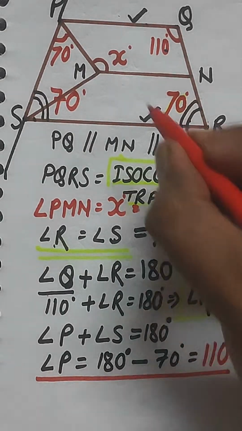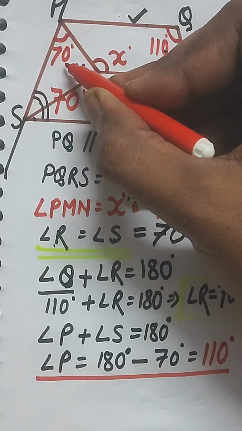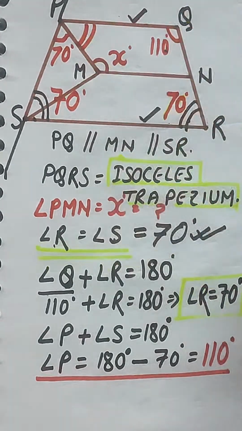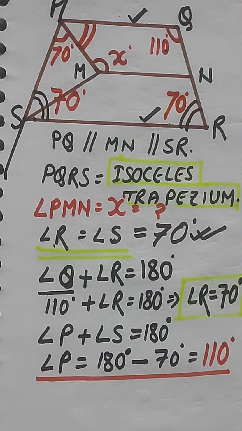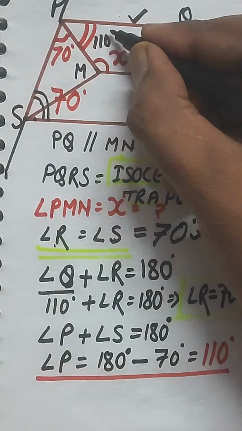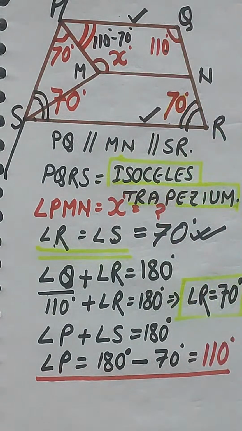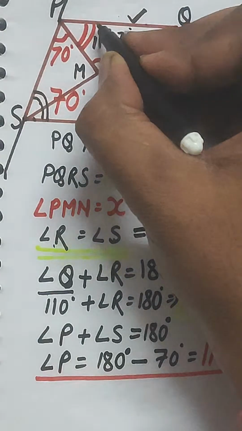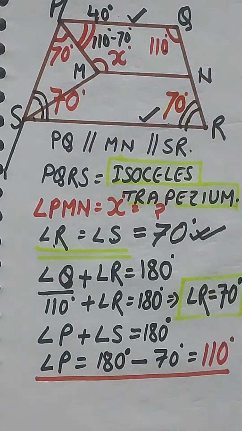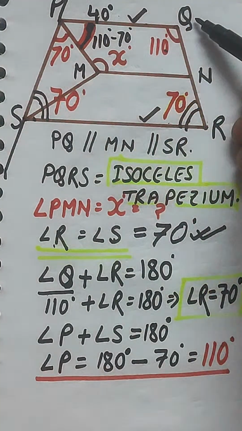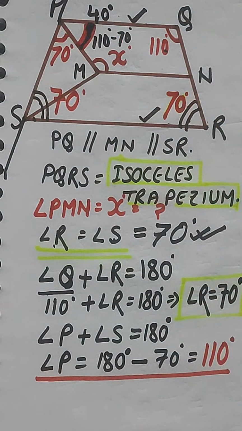So here you can see this angle is 110, this is already 70, this is already 70. So we can say that what is the measure of this? This will be equal to 110 minus 70, and that value is coming as equal to, tell me, 40 degree. So 40 degree is the value of this angle, that is angle QPM, right?